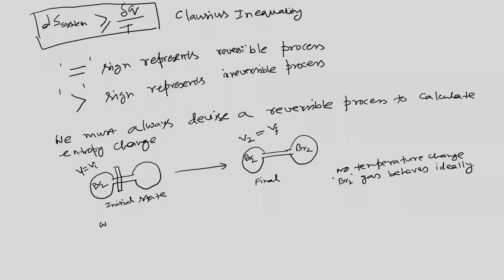These are the two assumptions we are making here. Now we know dS is del q reversible by T. Since there is no temperature change for this process, dU equals 0.